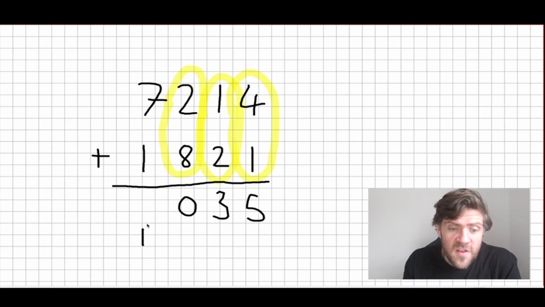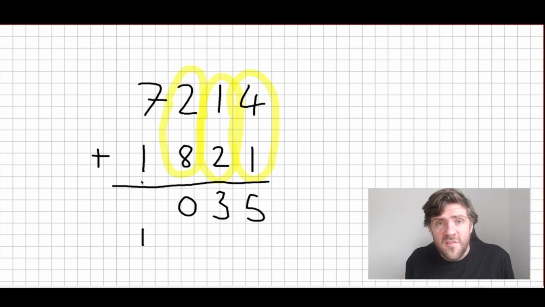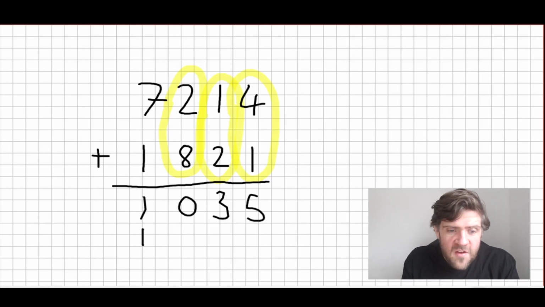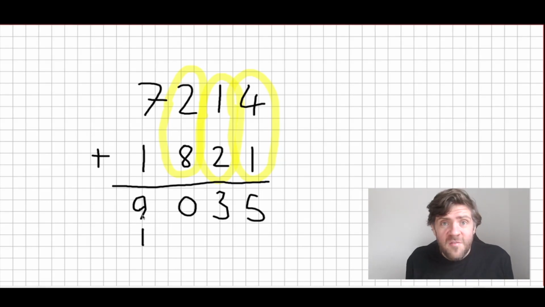7 add 1 is of course 9. But still that's something we can decompose into adding pairs of single-digit numbers, because we can do the 7 add 1 is 8, and then the 8 add 1 is 9. Whichever way you do it, we get a 9, and so the answer is 9,035. The answer is not really the important part.